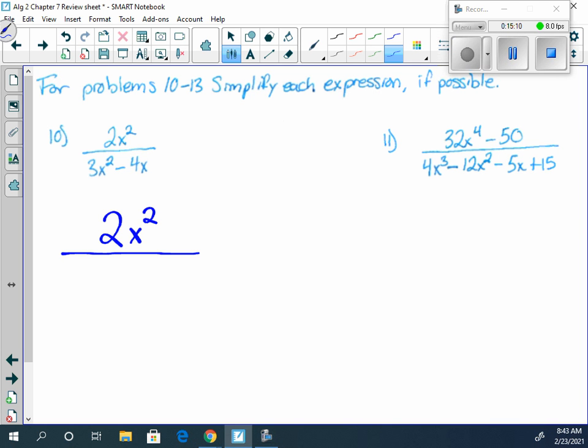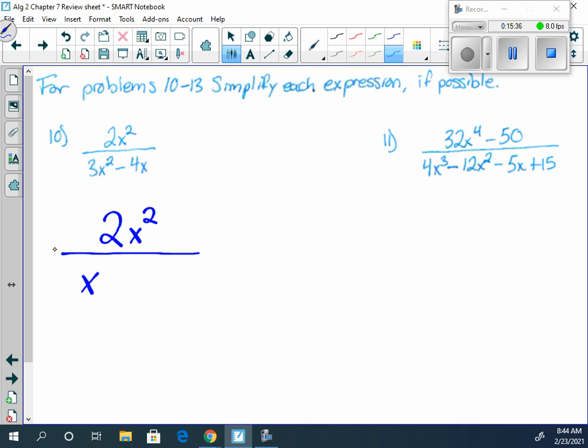Because when I look at this here, 3x squared minus 4x, there is a greatest common factor of x, because they both have an x term in it, so I can factor it out. And x is going to be the only term I can factor out, because between 3x squared and 4x, the biggest value of x I can factor out is just 1x.